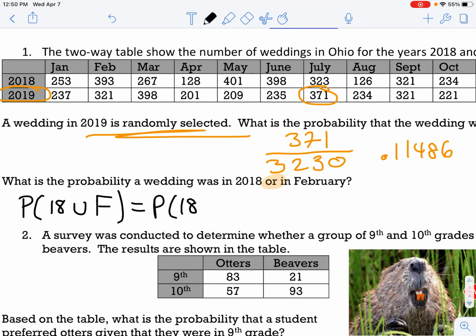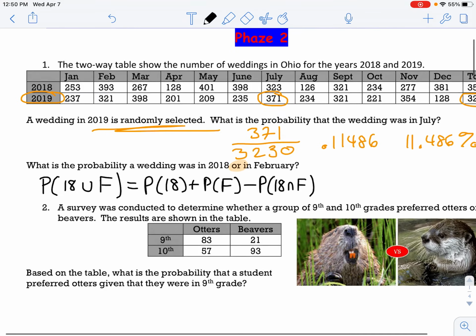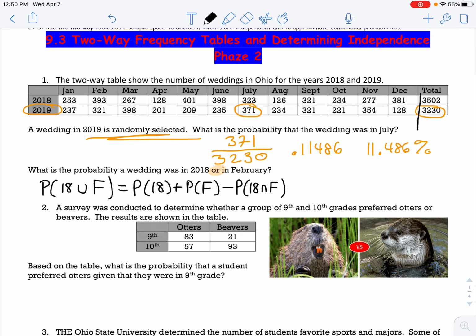It's going to be the probability it was in 2018 plus the probability it was in February. But then we can't double count. We can't do the 2018 February weddings twice. So first off, how many total weddings were there? We got to calculate that number.